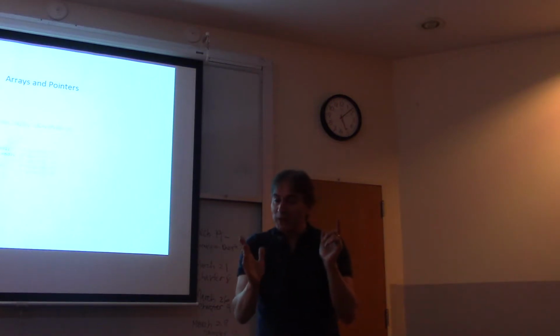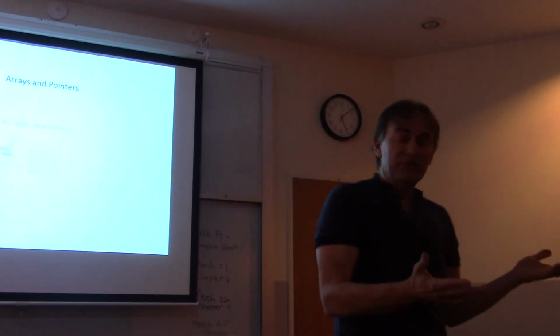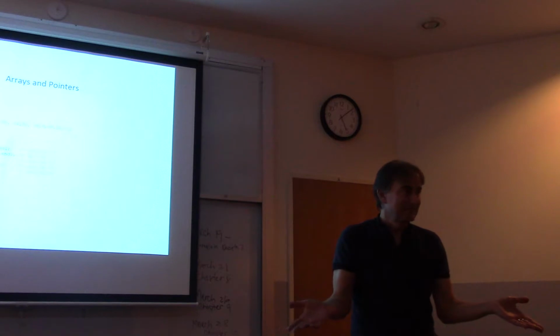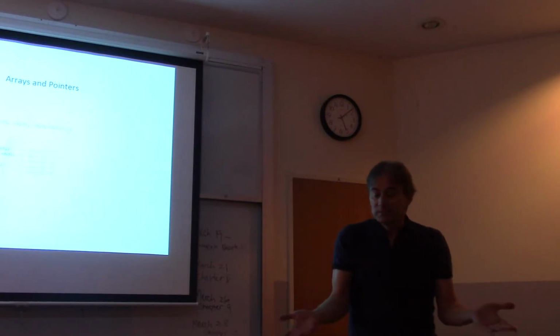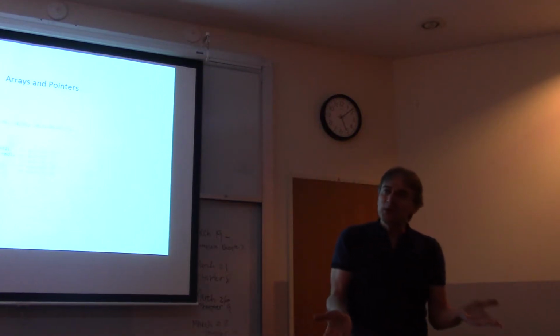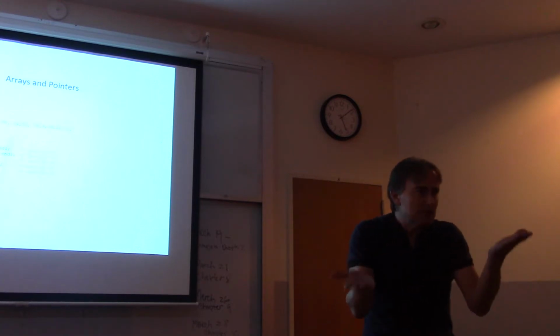And here's the problem. Can you have a variable called int x in f? Yeah. Duh. Of course I can. Can I have a variable int x in g? Is there any problem between the two x's?